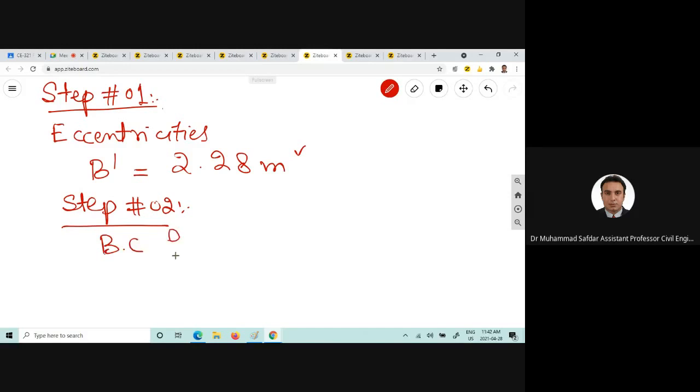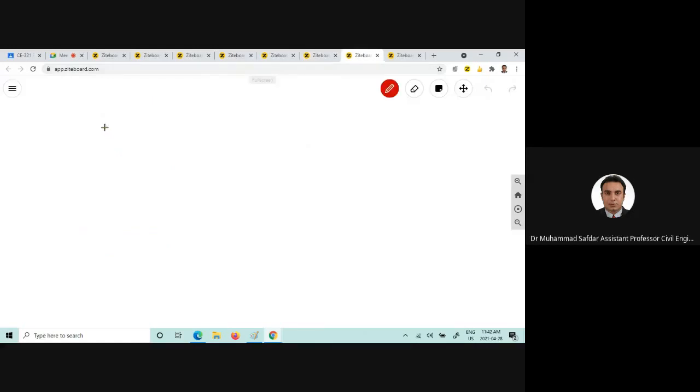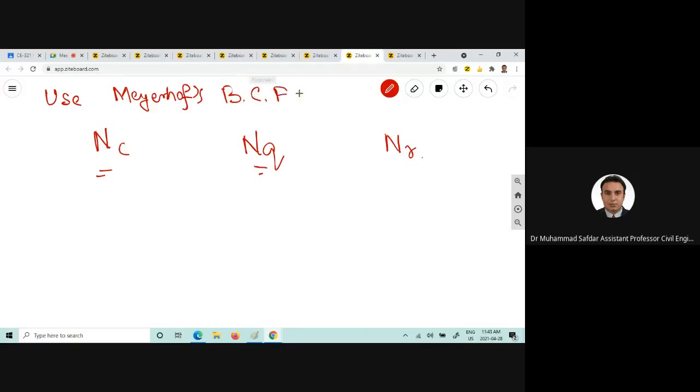Bearing capacity factors. So I need NC, NQ, and N gamma values using Meyerhof bearing capacity factors. Okay, use the Meyerhof bearing capacity equations.